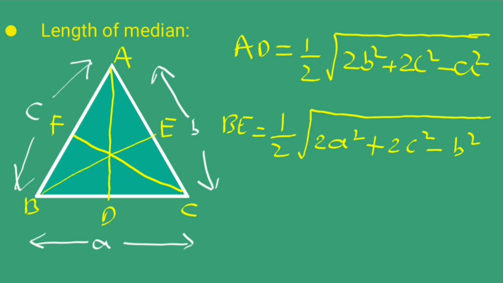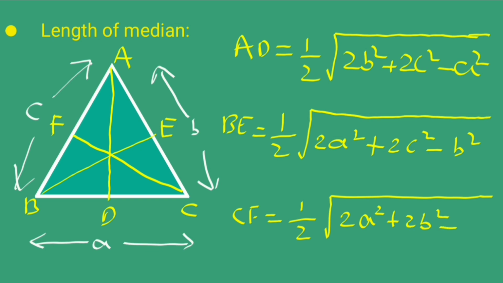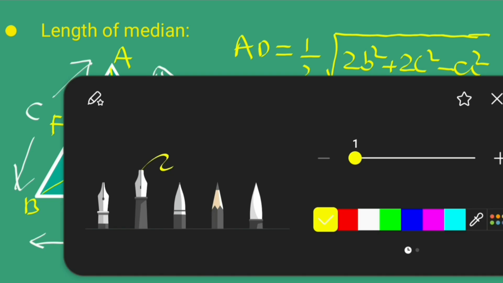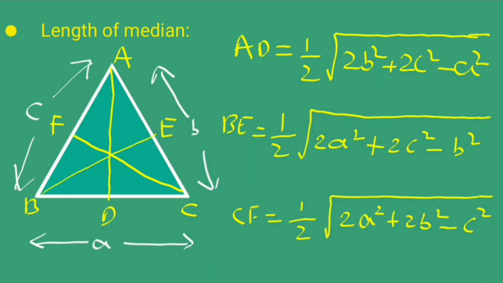So CF length is equal to half into square root of 2a square plus 2b square minus c square. These are the three formulas for AD, BE, CF median lengths. These are the three important formulas you need to remember.